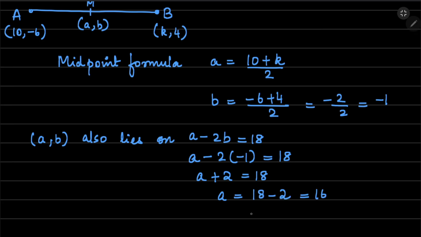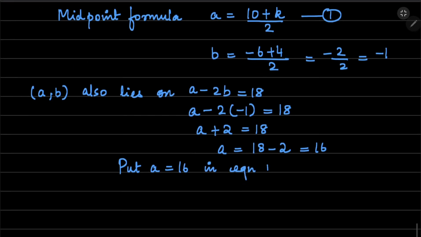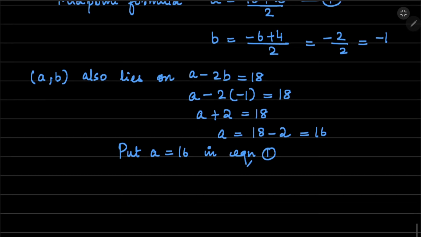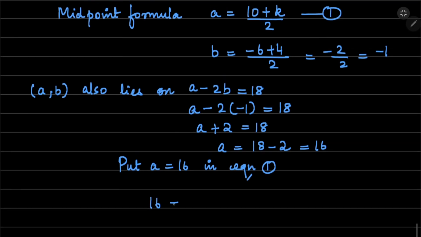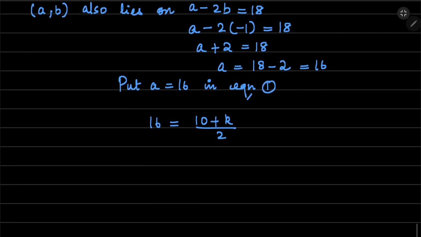Now let us substitute this in equation 1. Put A is equal to 16 in equation 1. So what do you get? A is nothing but 16 is equal to 10 plus k by 2. Cross multiply.